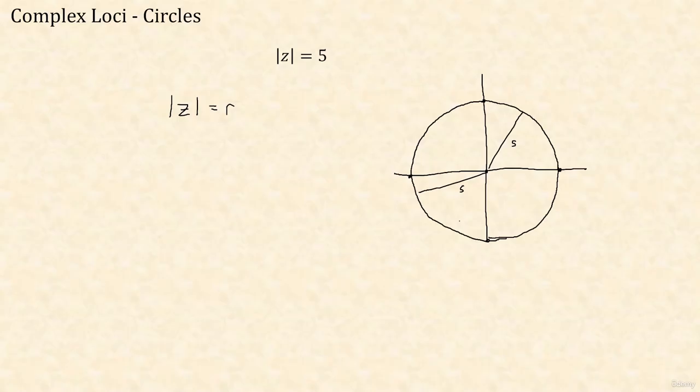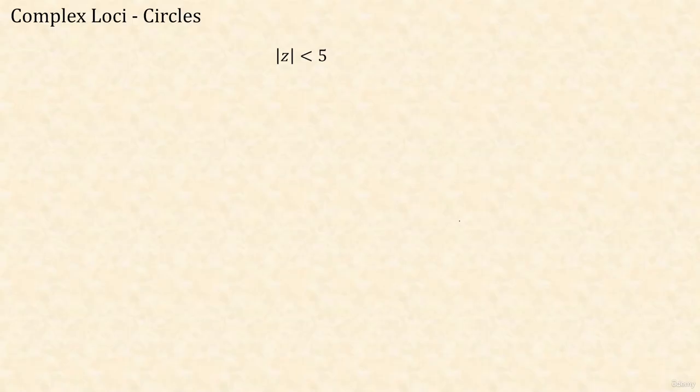Now let's extend that idea a little bit further. If instead of an equal sign it's a less than sign, what does that mean? Well, that means that instead of the modulus having to equal 5, the modulus has to be less than 5. So rather than all the points that are 5 units from the centre, we want all of the points which are less than 5 units from the centre.